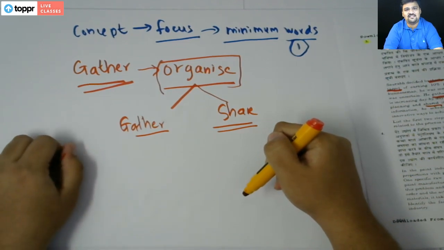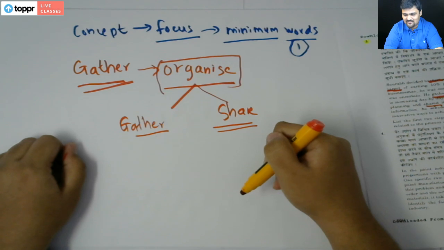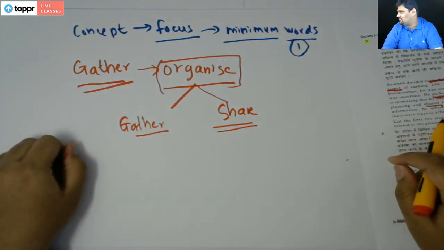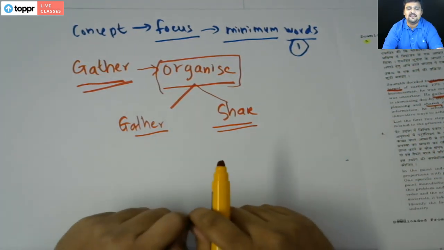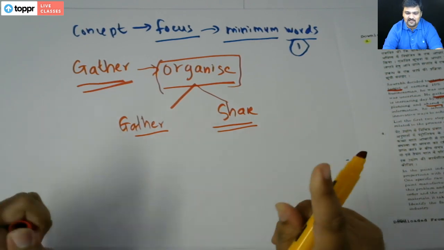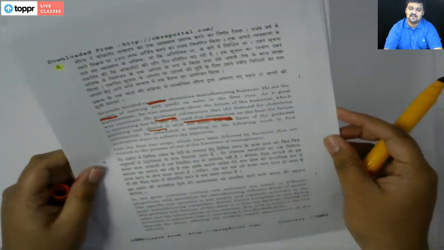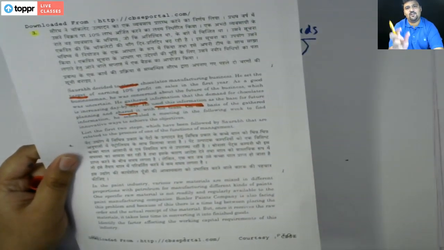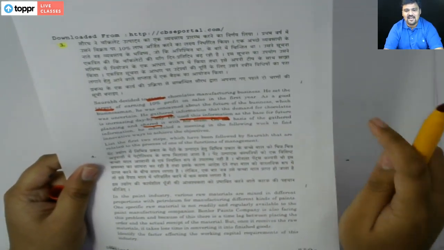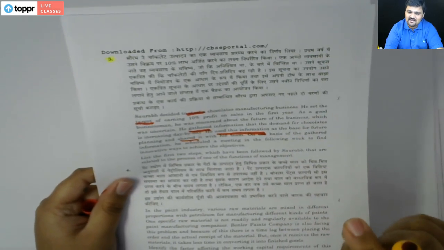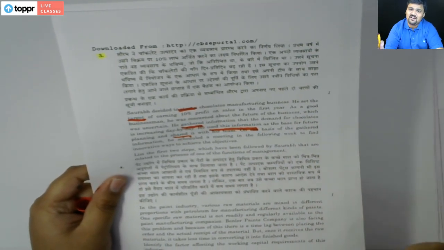Are you understanding this? Very good, my dear friends. Come on, let's go ahead. Do you want me to repeat this? Let us repeat this. In this case, Saurabh is starting a business, and starting the business is not all.